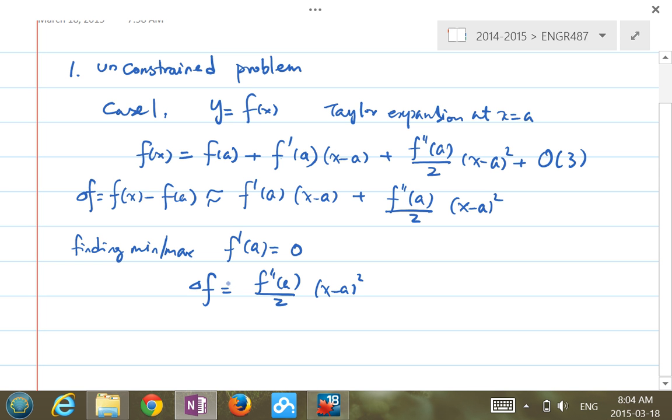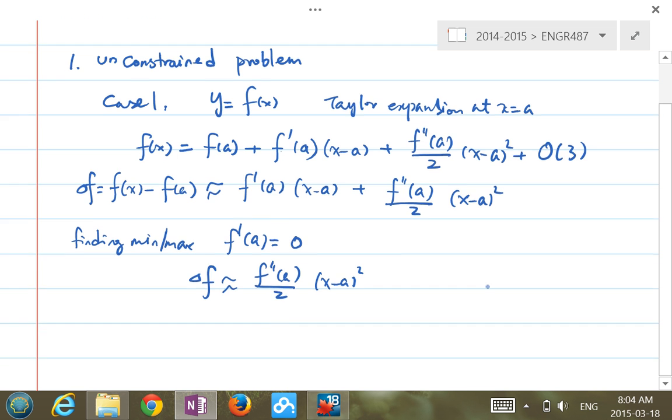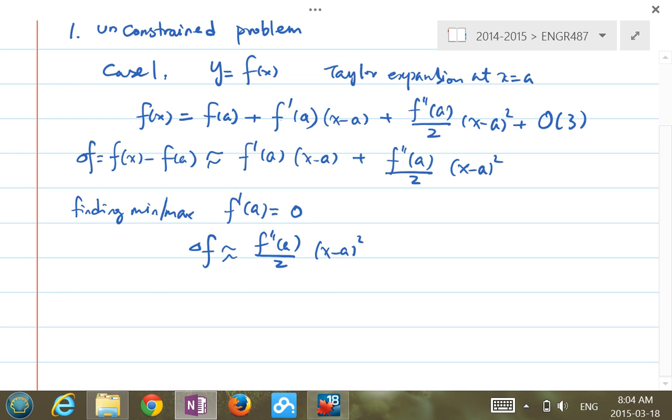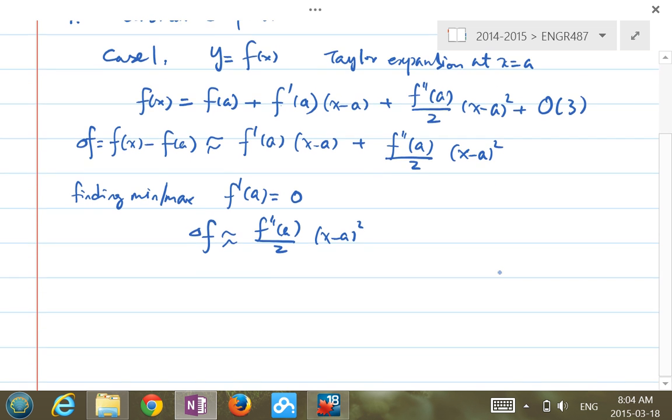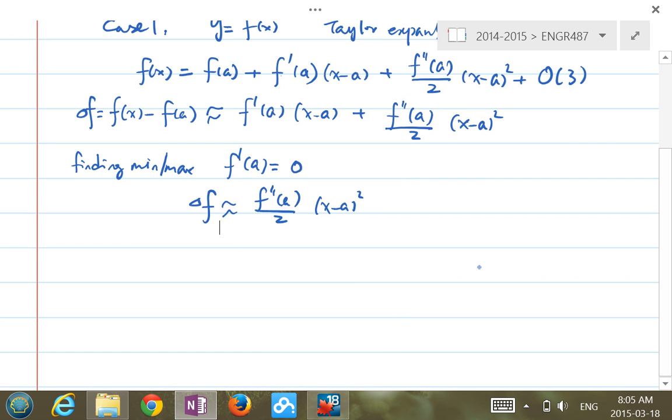So delta f is approximately this term. This is pretty clear now. What makes x equal to a a local min or a local max depends on the sign of this second order derivative.